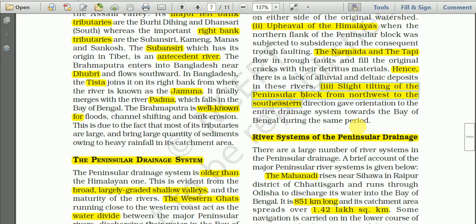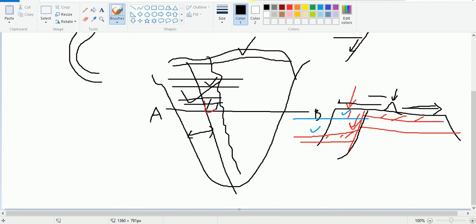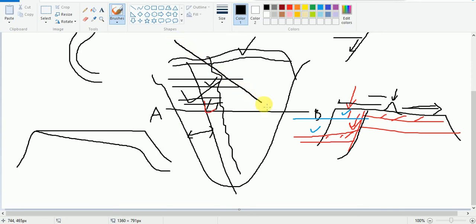There was slight tilting of the peninsular block towards the southeast. Let us say this is the peninsular block. It was like this, but later on it was tilted like this, from the northwest towards the southeast.